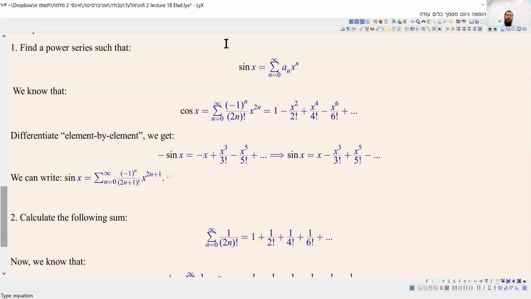We use a function that we already know its Taylor series, and we differentiate, integrate, multiply by x, change the indexes somehow, whatever you like, in order to achieve our function.